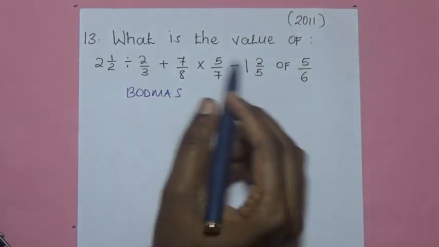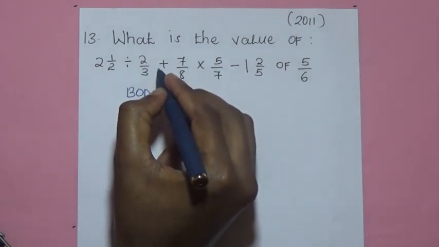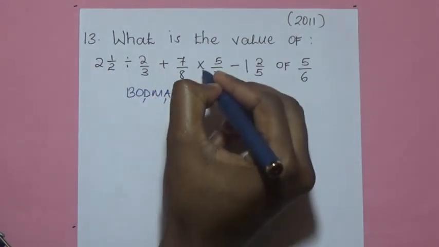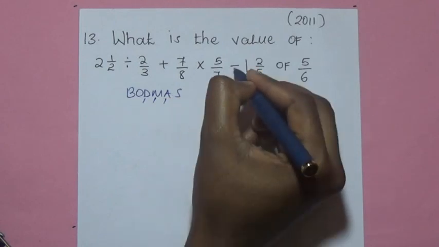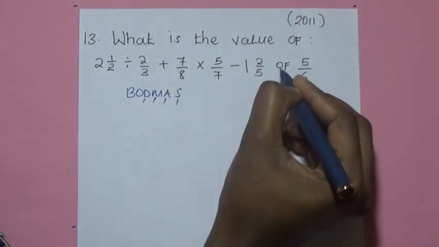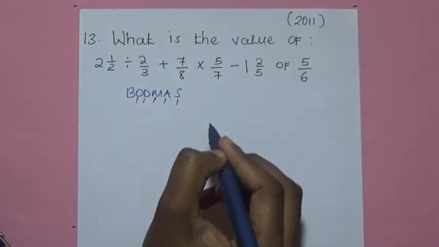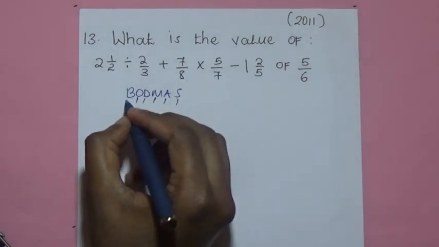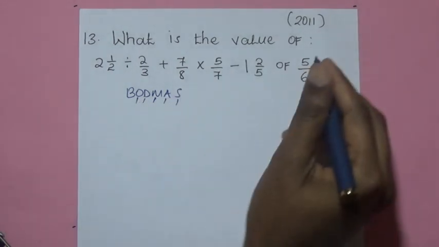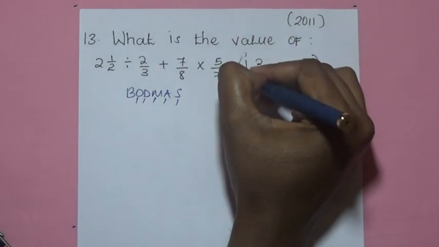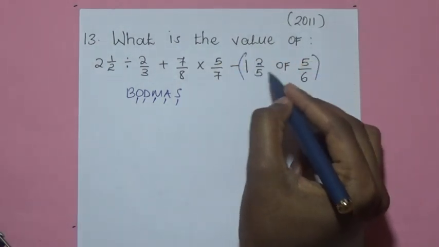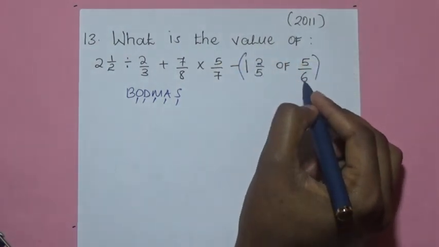And in this question, we have division, we have addition, multiplication, subtraction, and of. Okay? So, based on BODMAS, we are going to start with of. So we have 1 and 2 over 5 of 5 over 6.